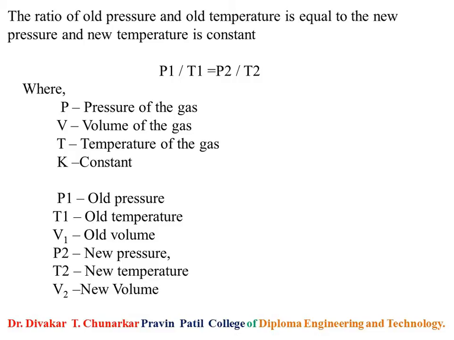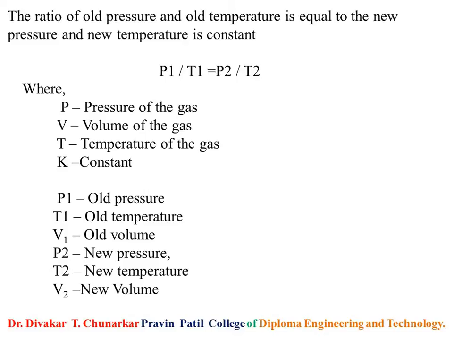Then the ideal gas equation. In all these laws, Boyle's law, Charles's law and Gay-Lussac's law, we have to consider old pressure and old volume, new pressure and new volume.